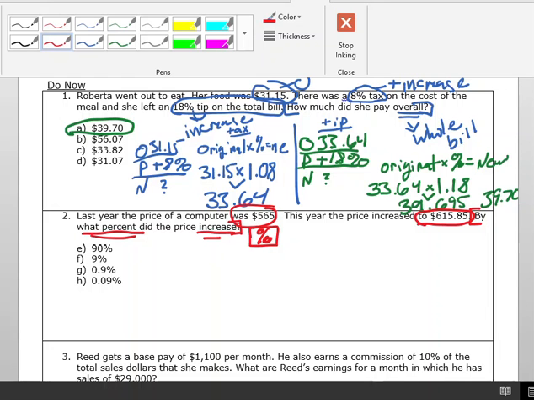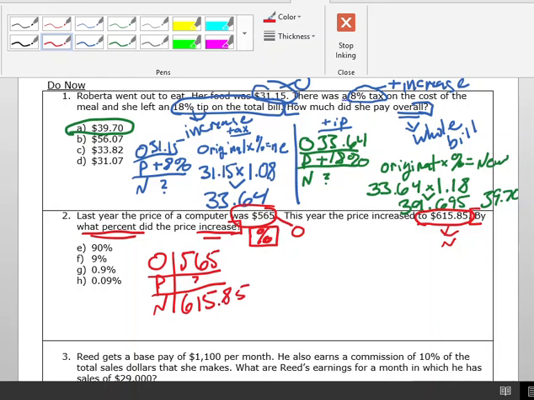So my original here was $565, and my new price was $615.85. So in my OPN chart, what I do not have is my percent increase. So I'm going to put that over here, OPN. Okay, I know that my price here was $565, and I know that I landed at $615.85.